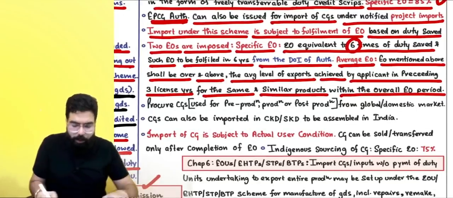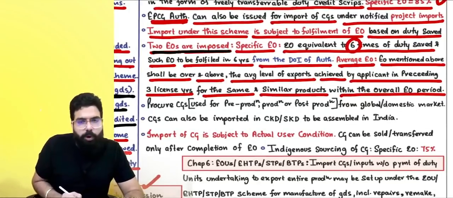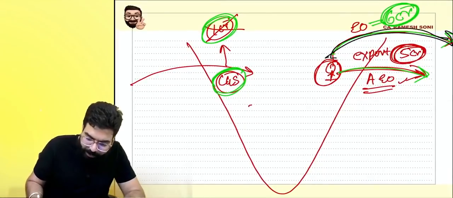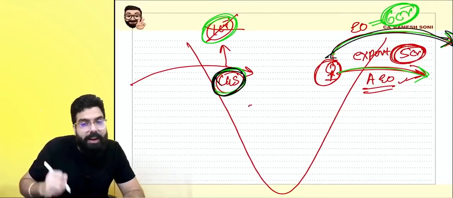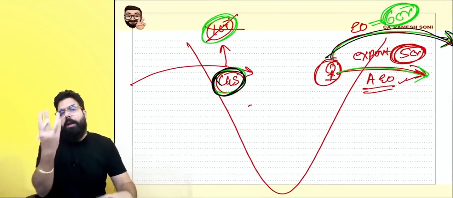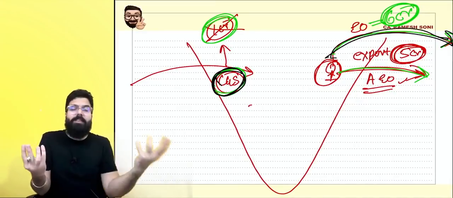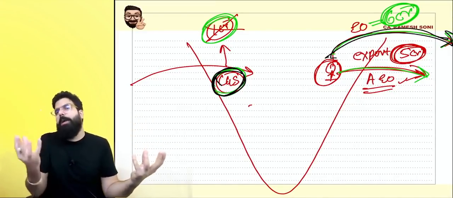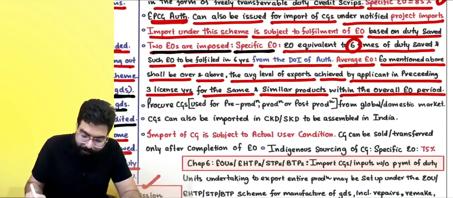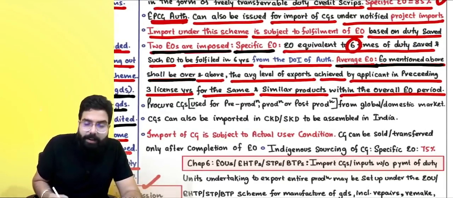That is what they are telling over here. The specific export obligation is specific to the capital goods which you imported. With the capital goods you imported, specifically you have to make 6 times the import duty saved.